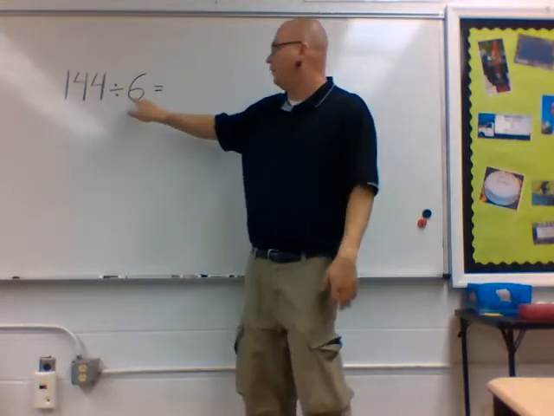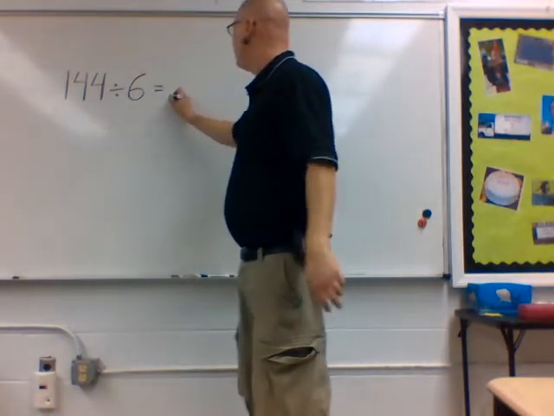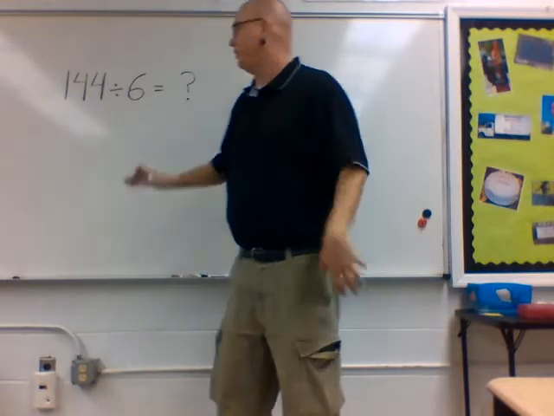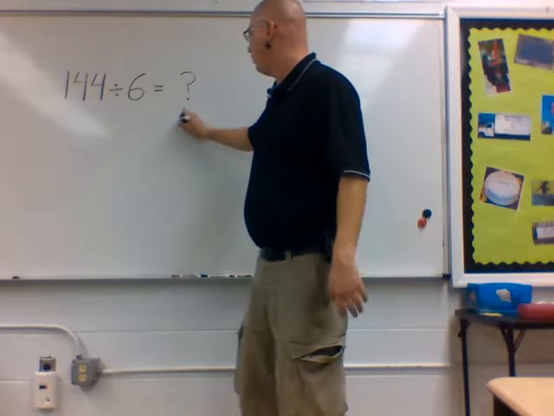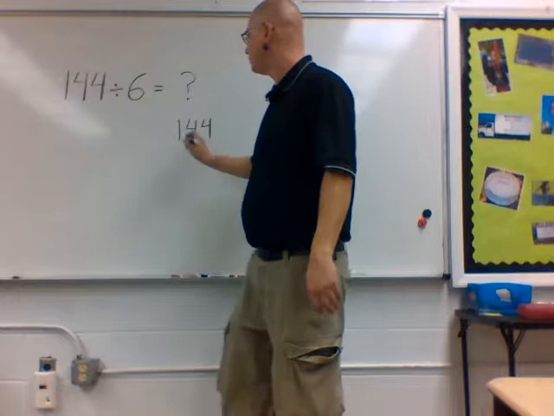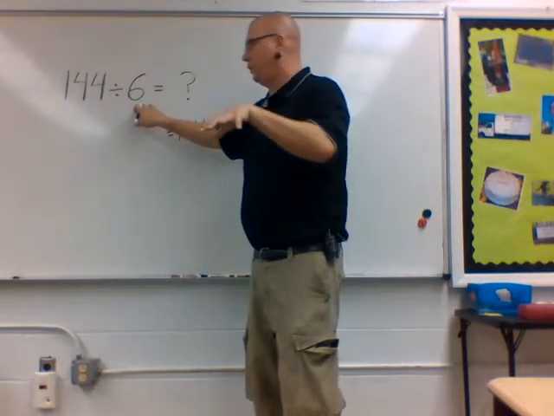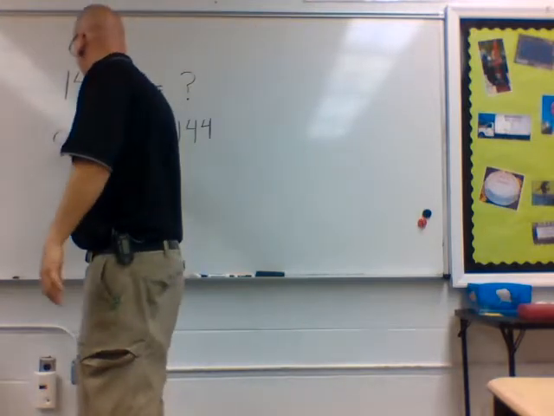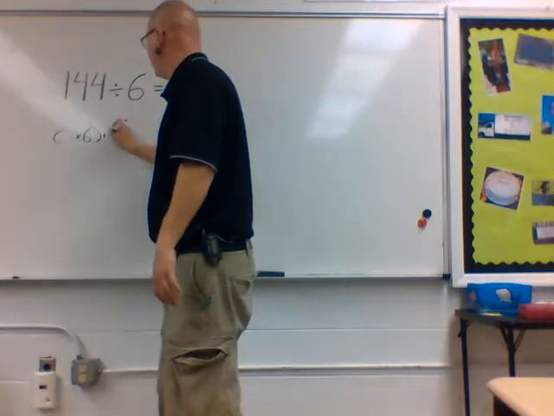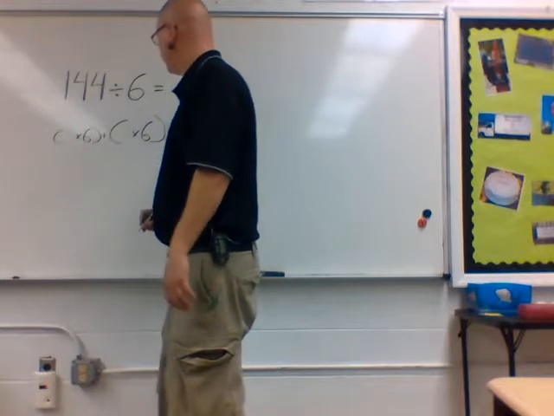So I'm going to use the distributive property on this 6. That is to say, I don't know what this answer is yet. So I'm going to say, if I know in multiplication I'm working towards the biggest number, and I know I'm going to use 6 as my distributed number, that is 6 times something added to 6 times something.